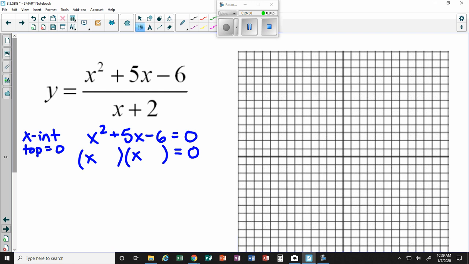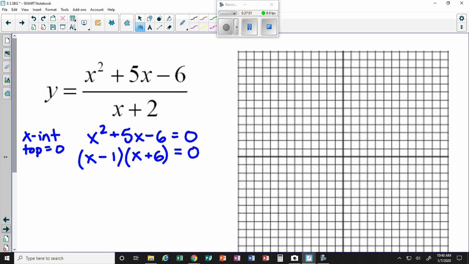Negative 1 and positive 6. It's got to multiply to a negative, so I need one negative, one positive. It's going to be negative 1 and positive 6.